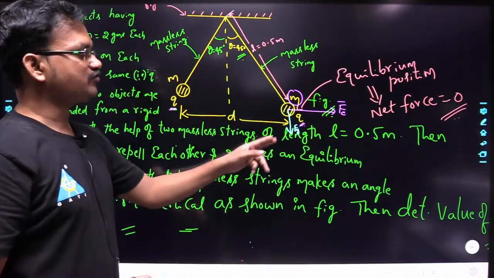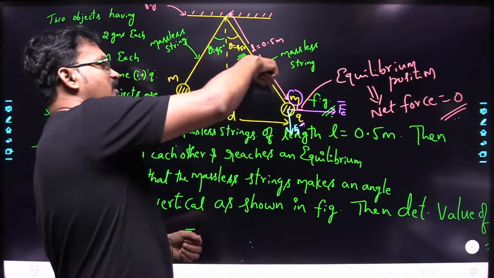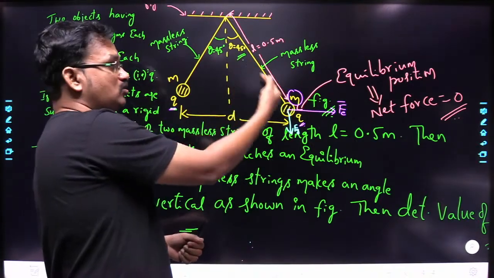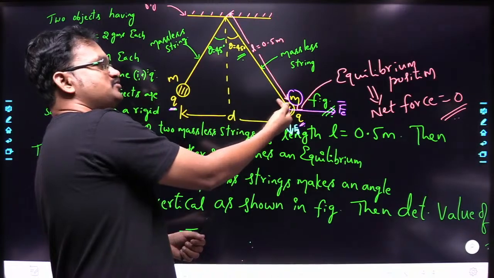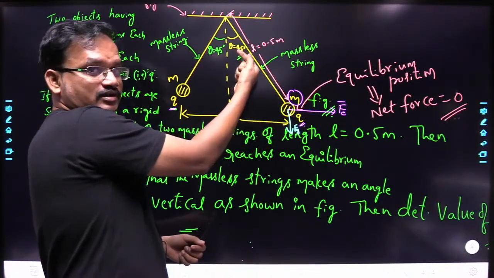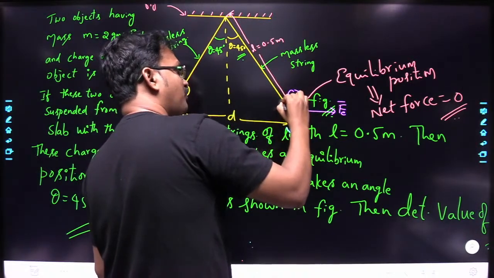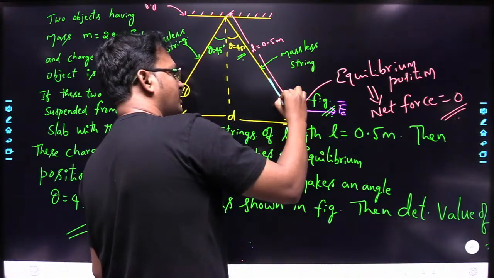Next, what is the other force acting on this object here? See this thread here. This thread is trying to pull this object in this direction, yes or no? So this massless string is also applying a force on this object in this direction.